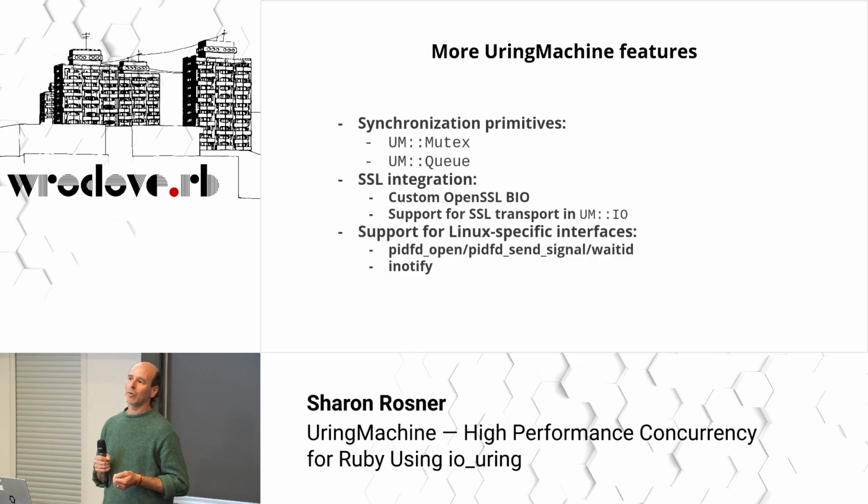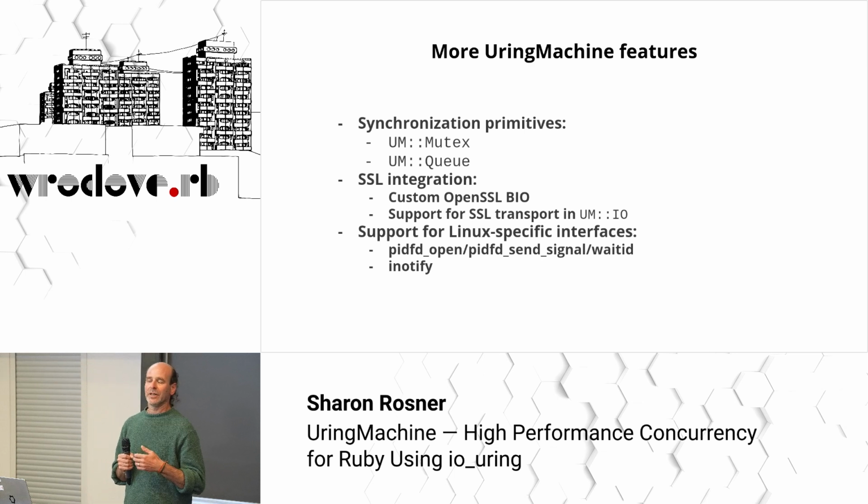But what happens in the OpenSSL gem is that it uses the standard Ruby APIs only for checking for readiness, but the actual sending and receiving is done by the OpenSSL library, which will do it using normal system calls. So if we want to do the sending and receiving using IO Uring, we have to override the BIO with a custom BIO.